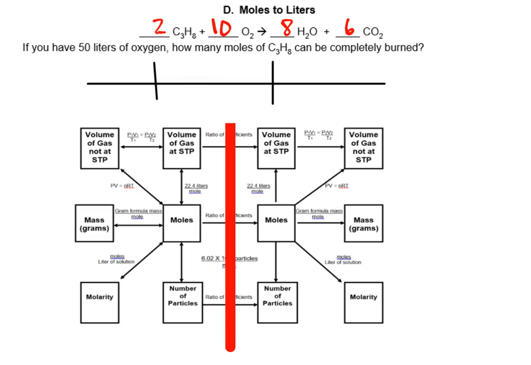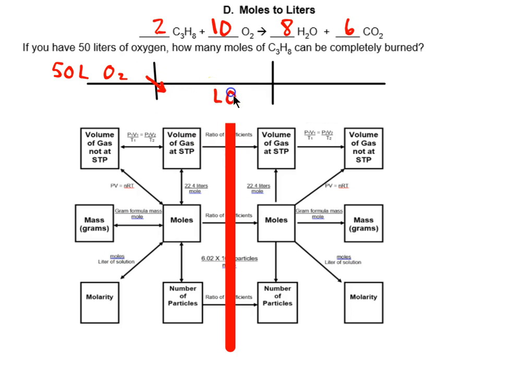Okay, here we go. Same thing as always. Start with the number and unit I give you. This is page 11, right? Page 11. I start with 50 liters of oxygen. Now, there's nothing crazy about what we're about to do. We're going to do the exact same process. If liters are on top, they must come down.